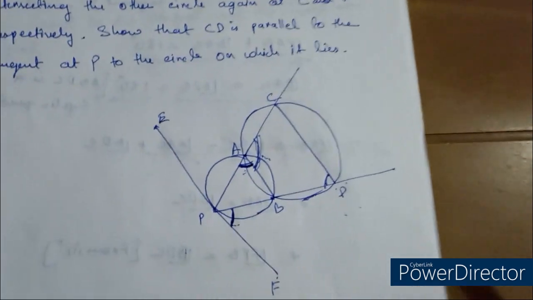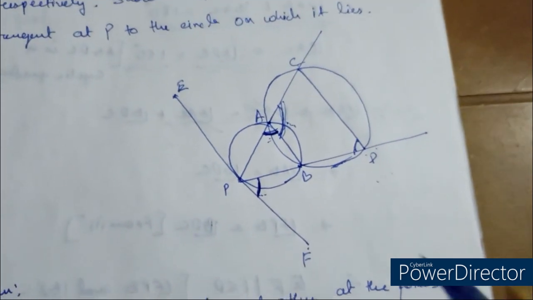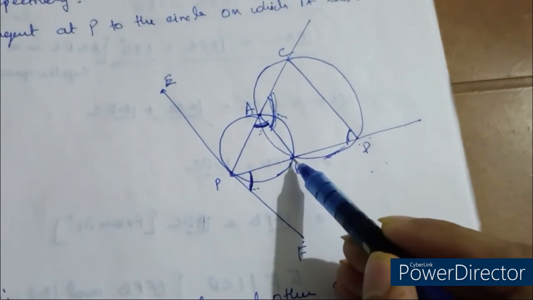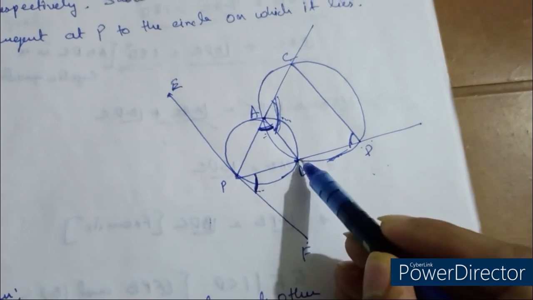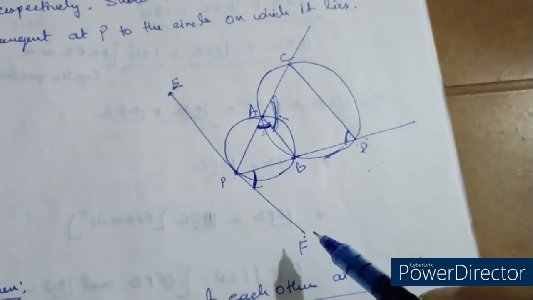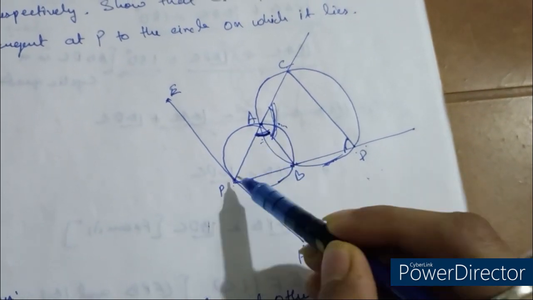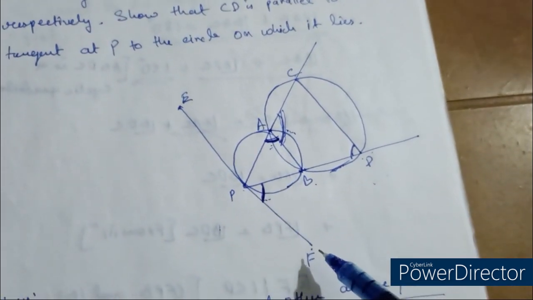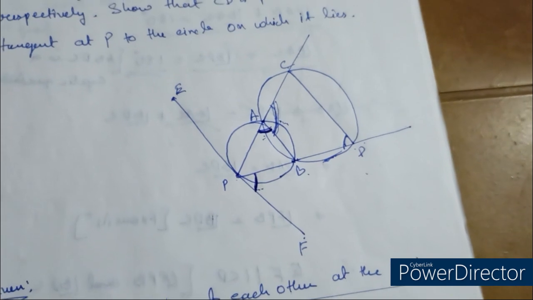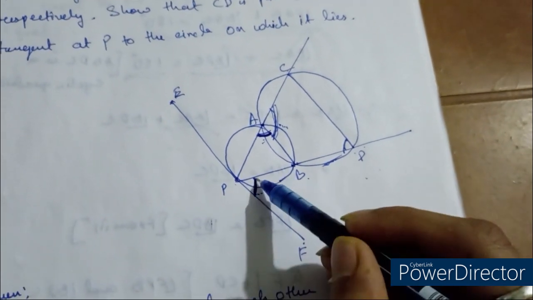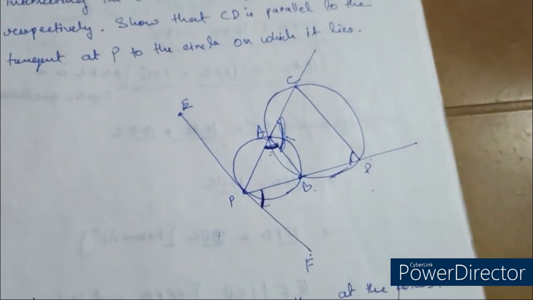So now in here, first of all, you see this angle BPF or FPB. This angle will be equal to this angle PAB, angle in the alternate segment.